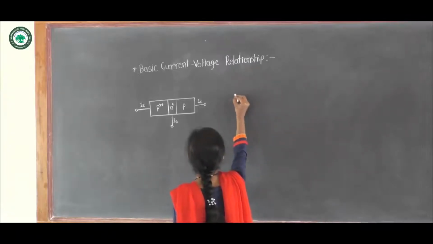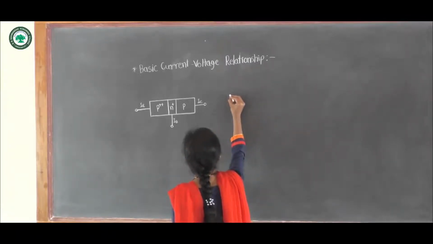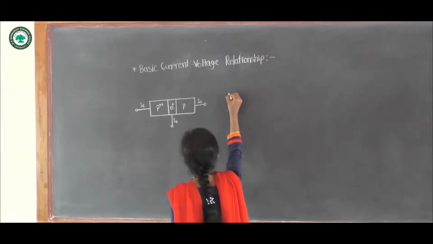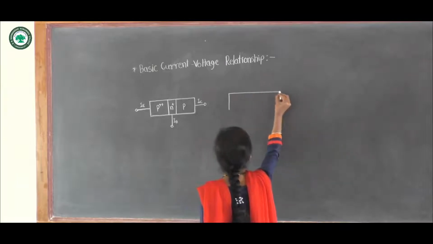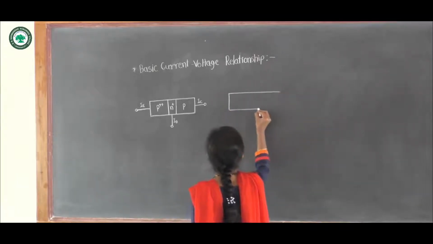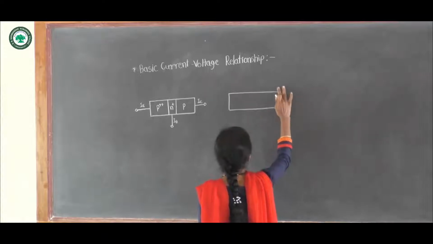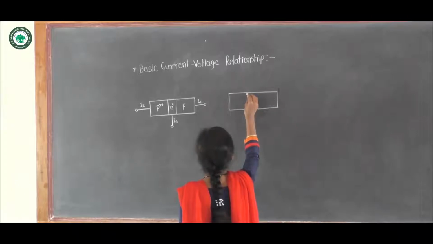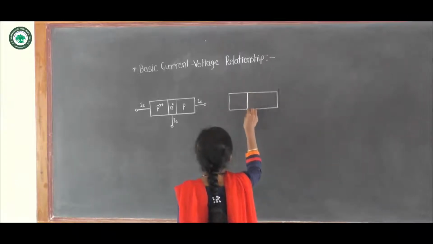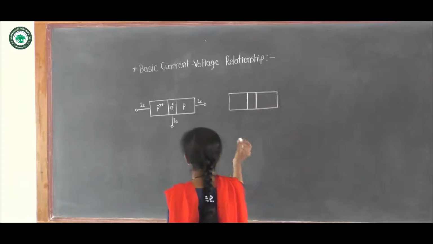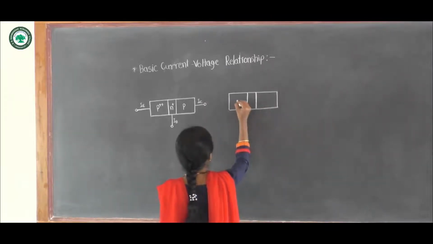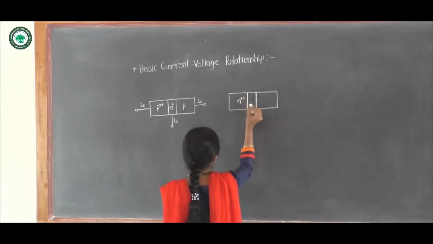Then we will see the NPN configuration. So similar to PNP transistor, this N region is heavily doped, so it is denoted as N++.